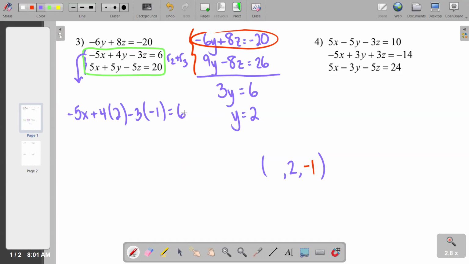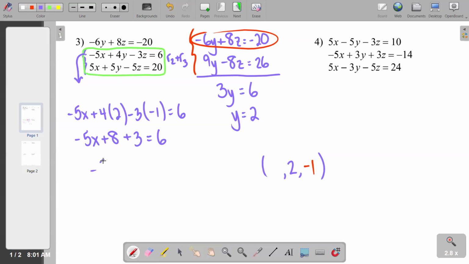And it's really just, I mean, that's all this has ever been. It's just a lot of basic skills going on here. So, having said that, let's clean it up a little bit. We get negative 5x plus 8 plus 3 equals 6. And then, of course, your algebra teacher, whoever that guy was, would have taught you to combine like terms.